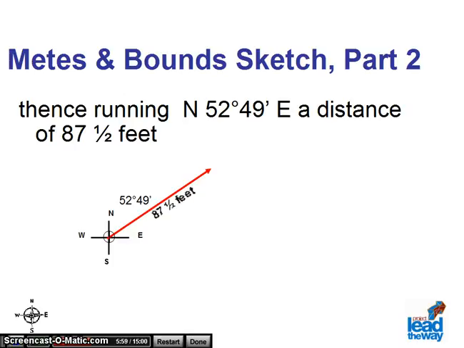The next part of the property description states, thence running north 52 degrees 49 minutes east, a distance of 87½ feet. Place a pair of north, south, and east-west lines at the beginning point. Draw a line 52 degrees 49 minutes using a suitable scale to represent the distance of 87½ feet.